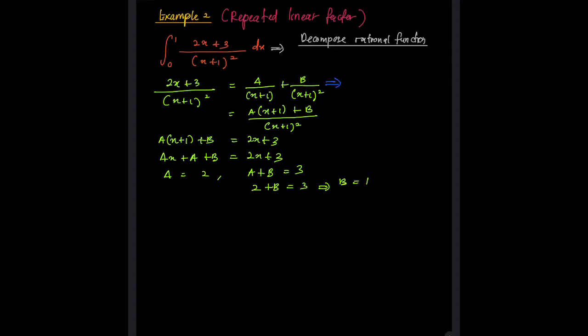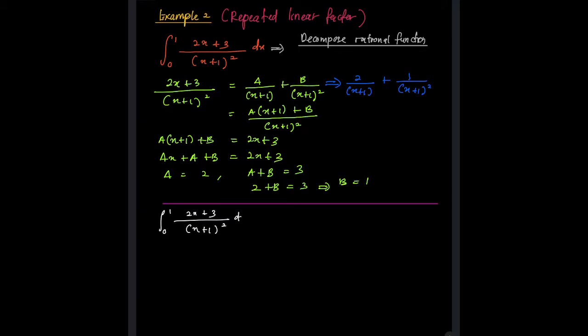After you decompose, you can rewrite as 2 over x plus 1 plus B, which is 1 over (x plus 1) squared. So our question is the integral from 0 until 1 of 2x plus 3 over (x plus 1) squared dx.